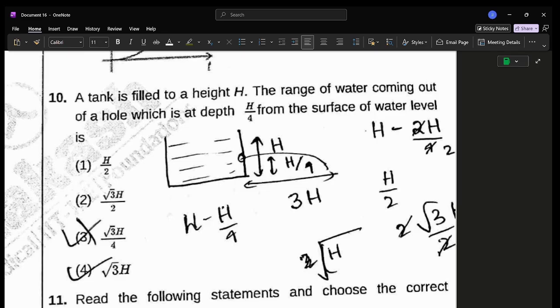If it's from the surface of water level, it means it's from the top and not from the bottom. Now that is something again which I missed in this question. I have missed it anyway.